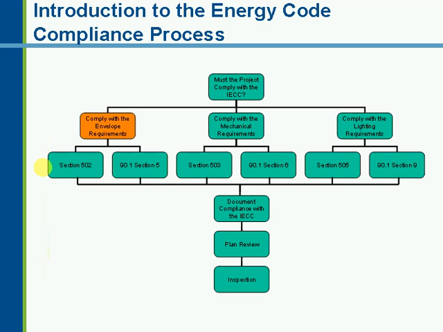We can either comply with Section 502 of the IECC, which again has the 40% cap on glass to wall area, or we can use ASHRAE 90.1, 2004 Section 5, or we can always go with the Section 506 approach, which would cover the ability to do trade-offs between high glass buildings, high efficiency HVAC equipment, and efficient types of lighting systems. So you have a few options available to you from an energy code compliance standpoint on how to get through the process.